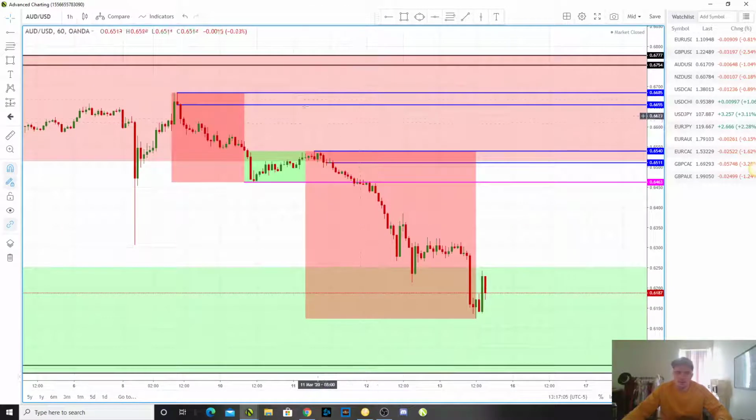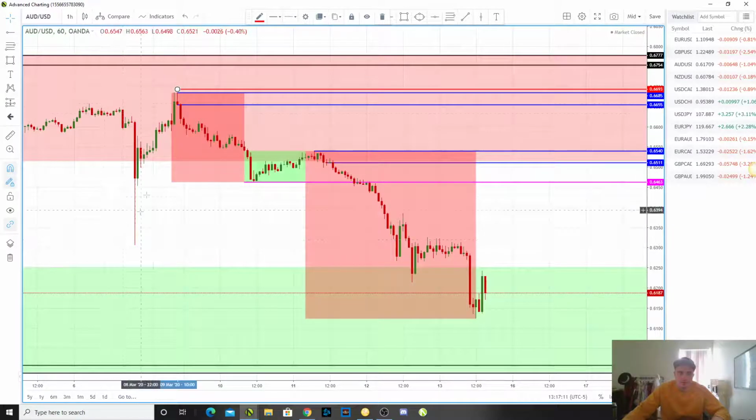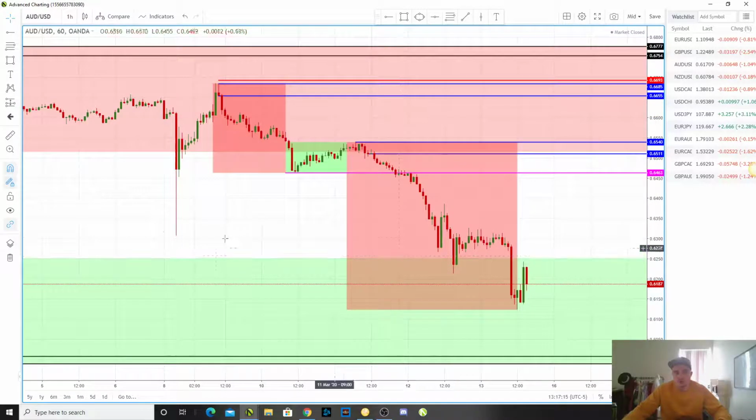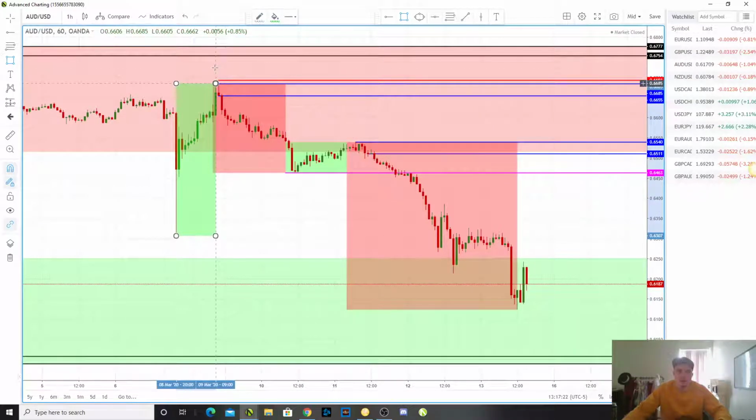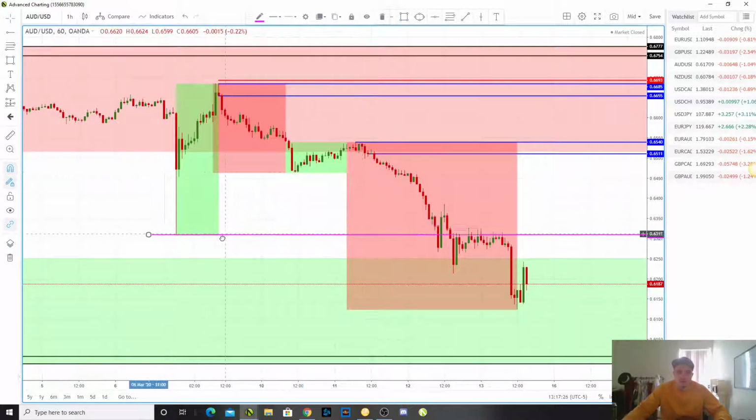Some of the stuff, like I said, can be confusing, and what do you actually use? So you could use this, but for me it was kind of a wild move that happened last week, and this is like a trend. It still broke at that. So even if you did draw this and use that as your big impulse move, both these trades are still valid because the breakout point would be this pink line, and both these trades are above that.